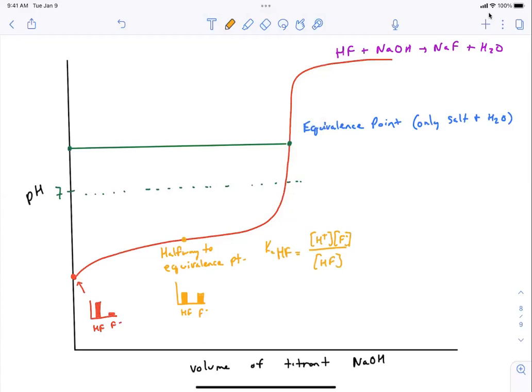Well, if your F minus and your HF are the same, what can you do to that expression? You just have H left over. It cancels. So at that specific point, the Ka is equal to your H plus concentration. And also, your pKa is equal to your pH. So at that special spot, halfway to the equivalence point, half the volume that it takes to get to the equivalence point, you have a special piece of information where the pH at that point is equal to your pKa.